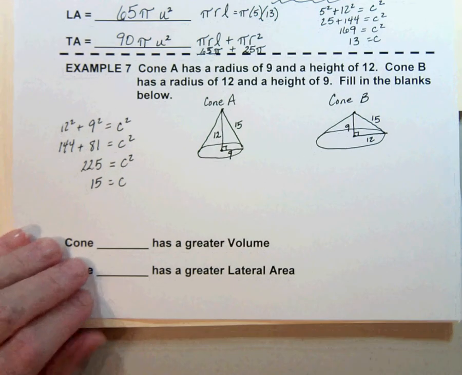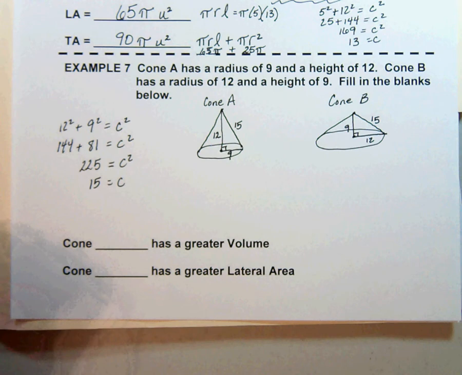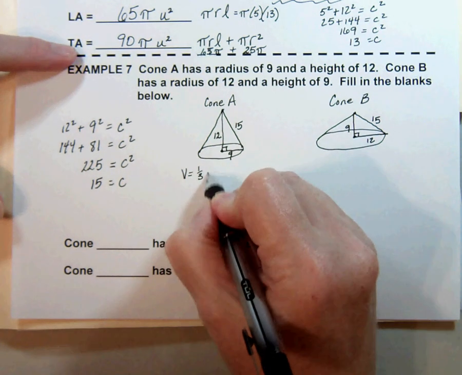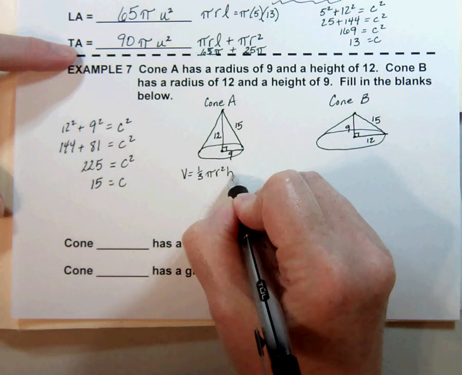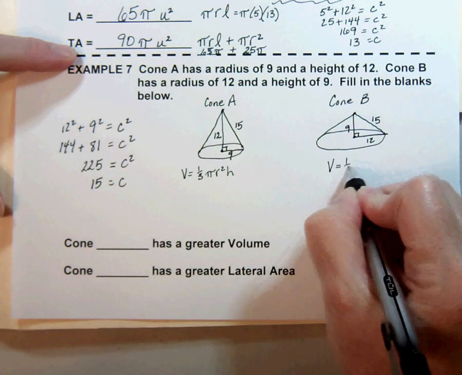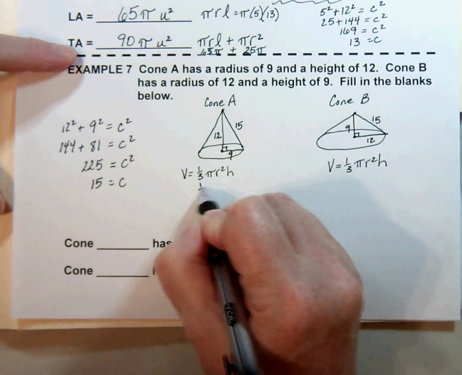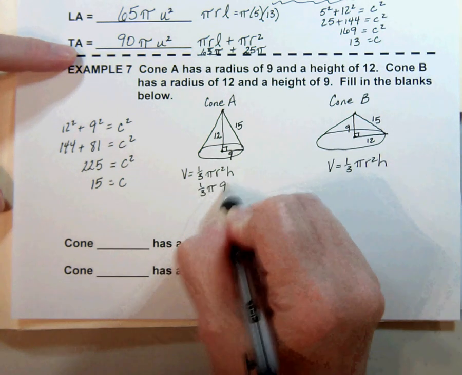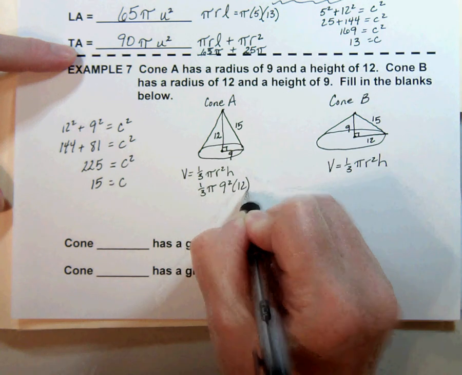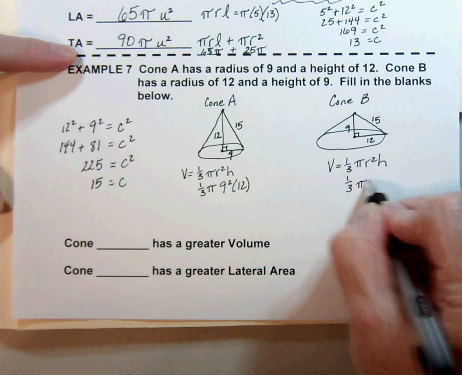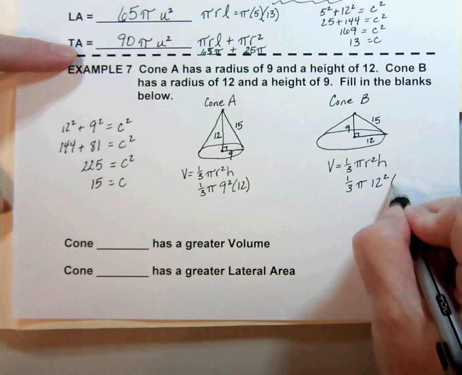Now let's do both formulas for volume. The volume is 1/3 the base area times the height. So we're going to do 1/3 times pi times 9 squared times 12. This is interesting. Watch. 1/3 times pi times 12 squared times 9.